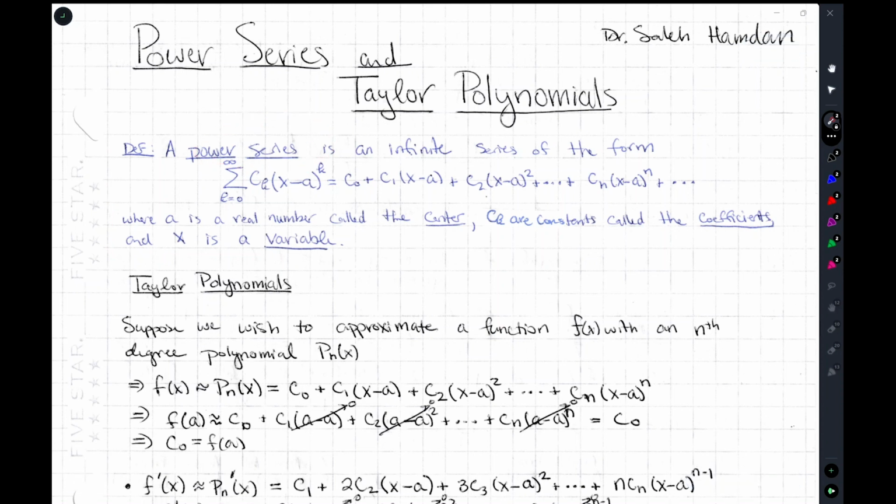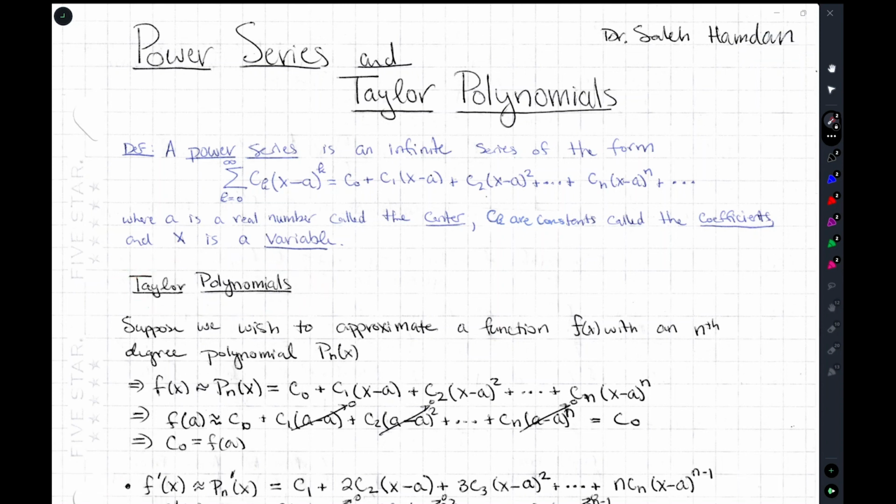I believe it's important in mathematics to have motivation for why you're going to learn about something. Right off the bat, one may wonder, what's the use of a power series? Why would we care about something like that? The answer is that you can approximate many functions with what are called Taylor polynomials.